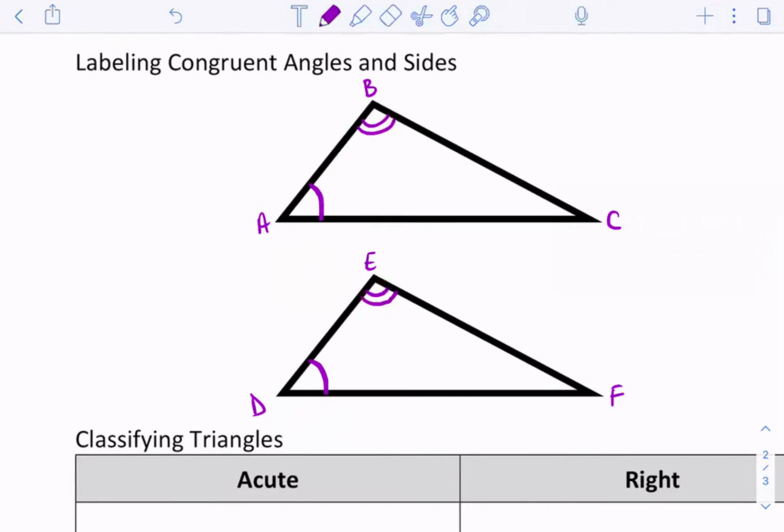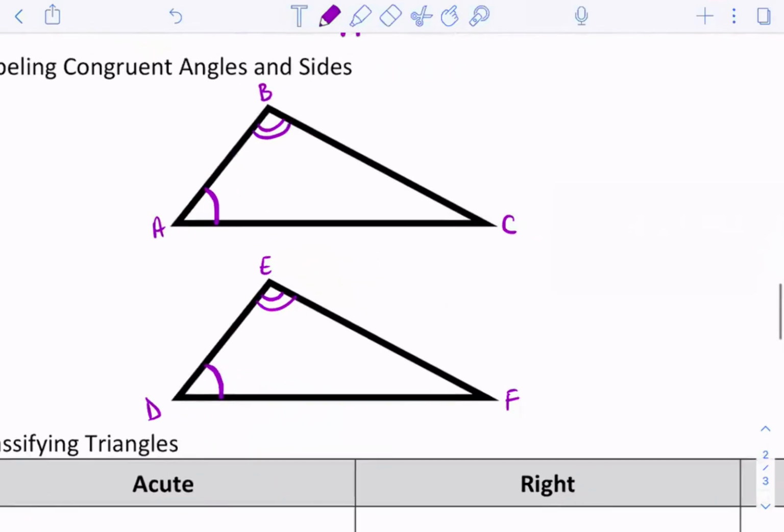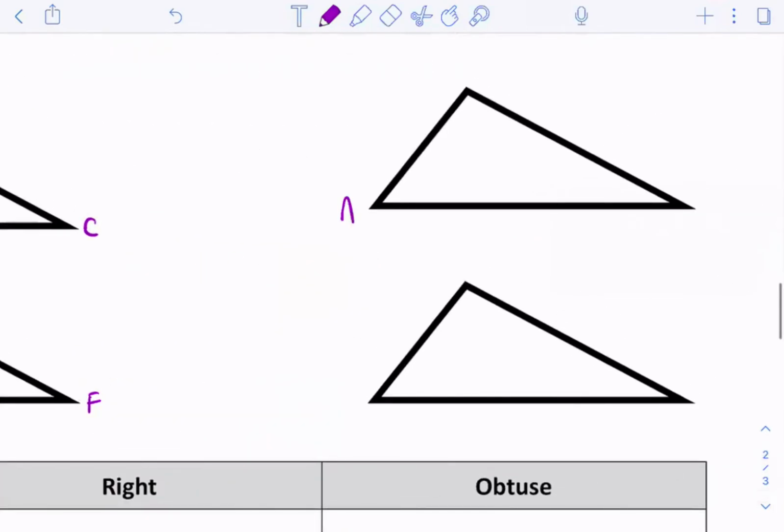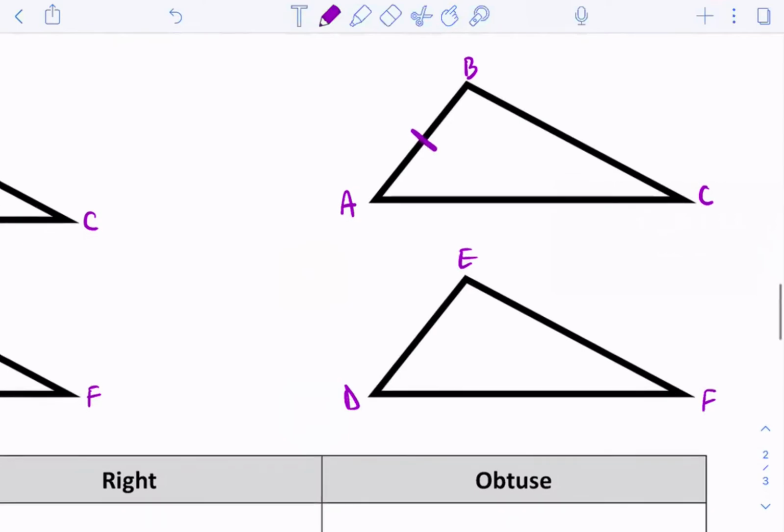Notice, this is the angle I'm talking about here. It's the openness. Now, if I want to talk about a side, let's do the same example. I might say line segment AB is equal to or congruent to line segment DE, because I'm talking about the whole length of this side and the whole length of this side.